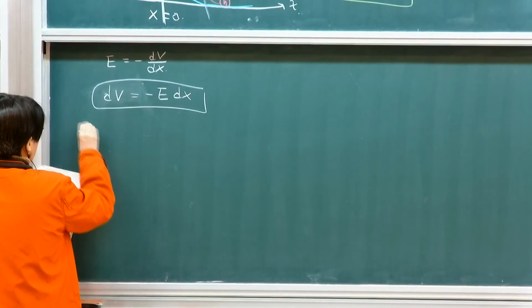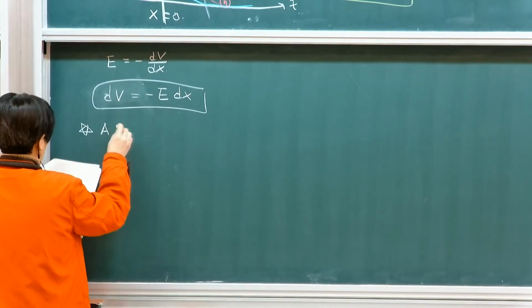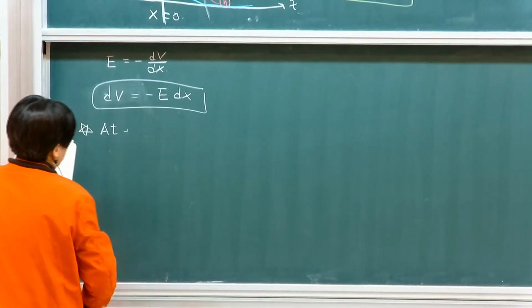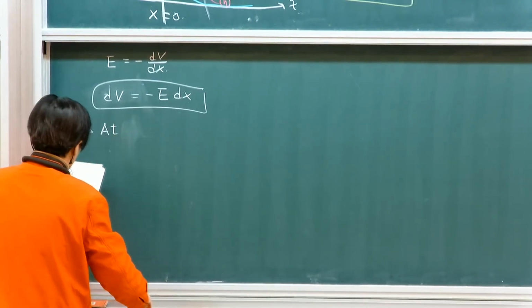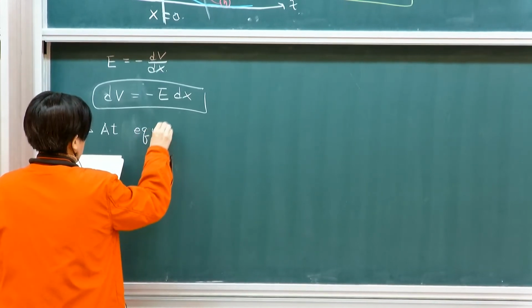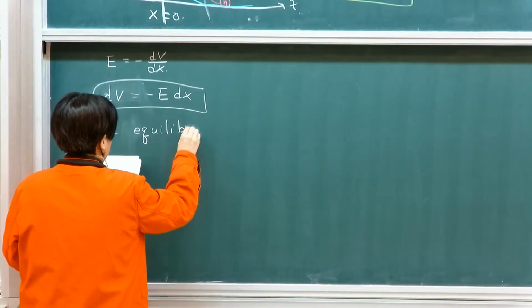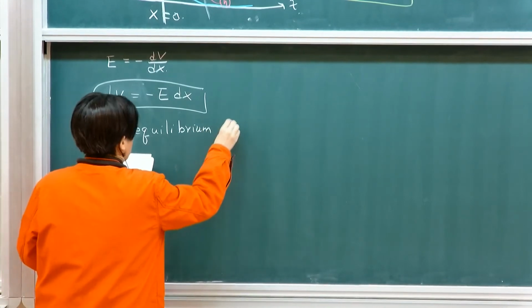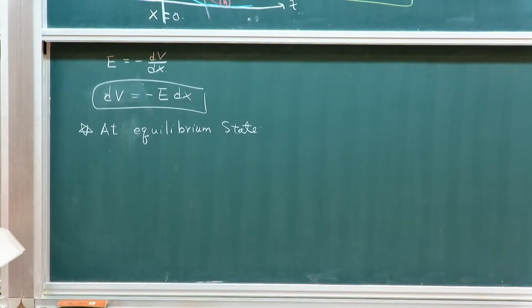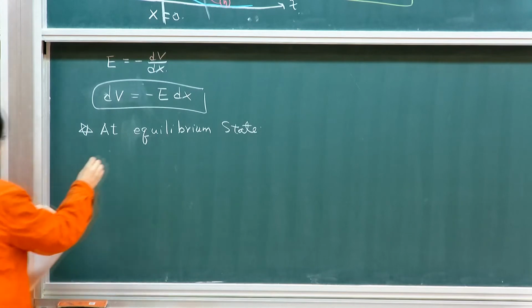So at equilibrium, you assume that your drift and diffusion forces for both N and P are 0.